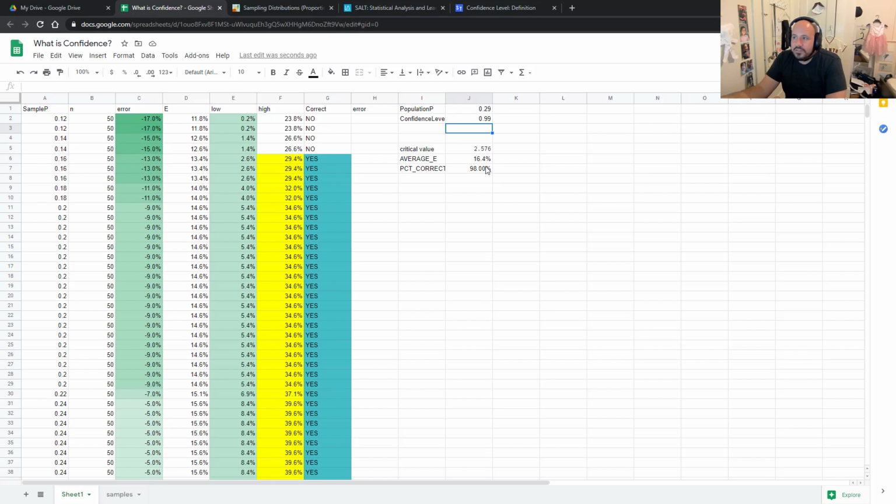But this value is actually pretty dang close to what we would expect to see. So about 98% of all of my samples ended up producing correct intervals or correct estimates. Okay, and in order to do so, I needed this larger critical value. Notice how it computed the larger critical value right there, 2.576.